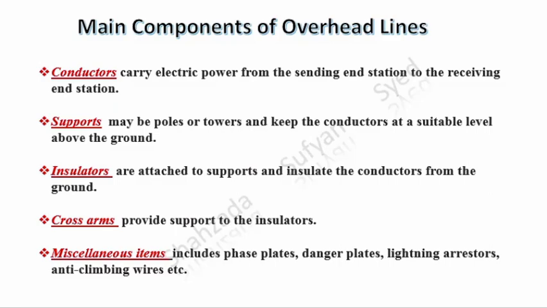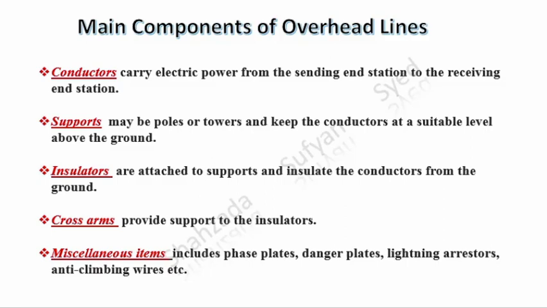Insulators. Insulators are basically attached to the supporting structures, and they keep the conductor at a safe level from the ground. Or in simple words, insulators insulate the conductor from the tower. Cross arms. Cross arms provide support to the insulators.